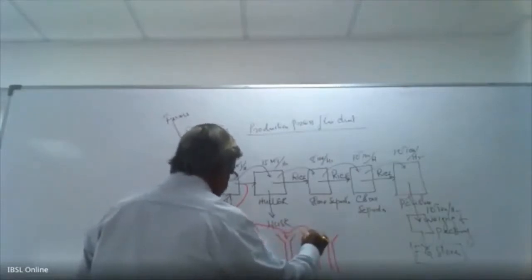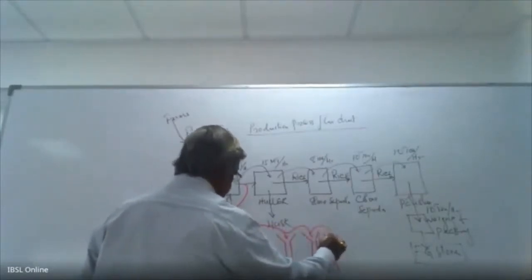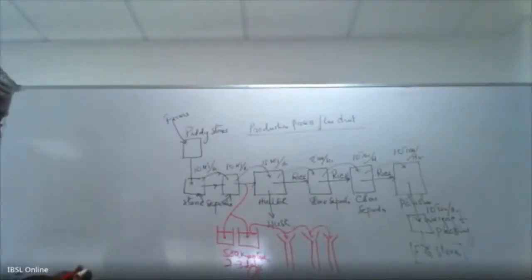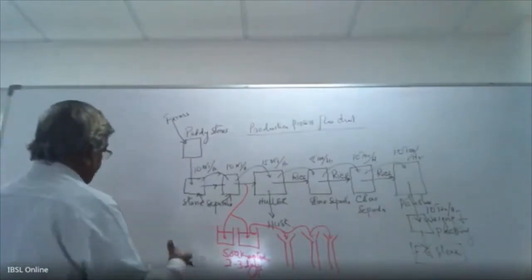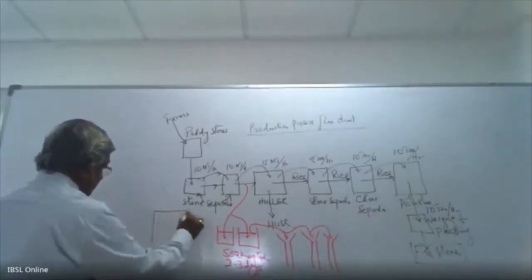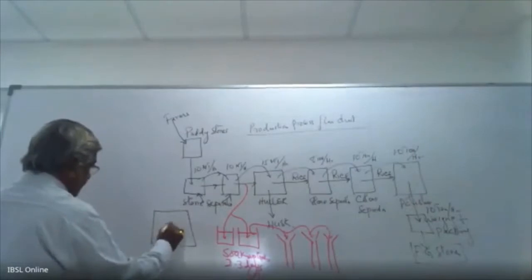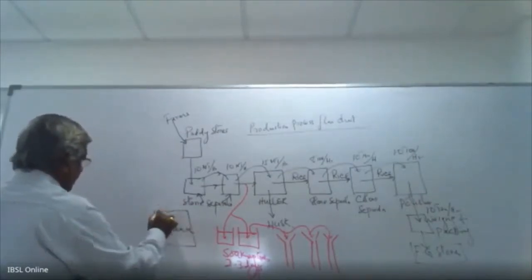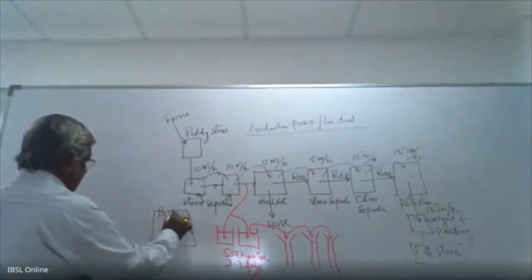These are funnels. Paddy will be transferred. Then the steam production is there. This is the boilers, big boilers.